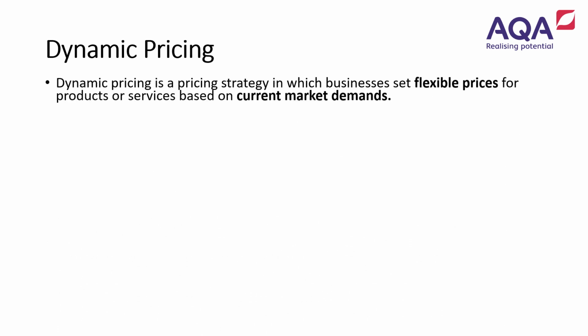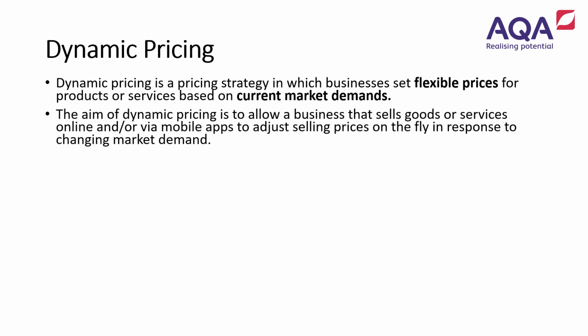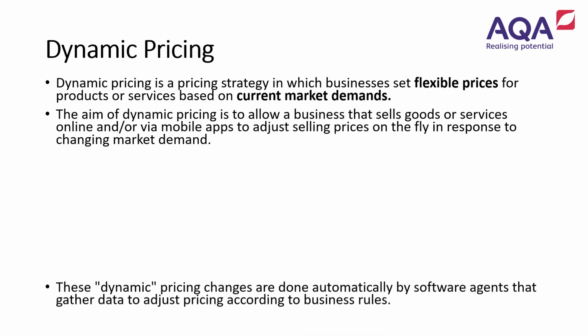Now, another one we're going to look at is dynamic pricing. Dynamic pricing is a pricing strategy in which businesses set flexible prices for products or services based on current market demands. So you can imagine this sort of pricing is always changing depending on the trends and the consumer tastes. The aim of this pricing strategy is to allow a business that sells their goods or services online or through mobile apps to really adjust their selling price in response to the changing market demand.